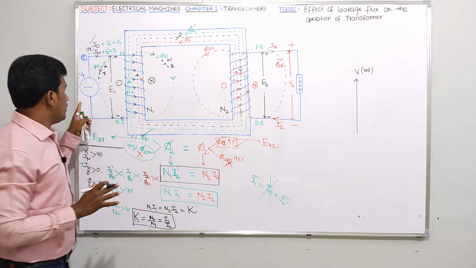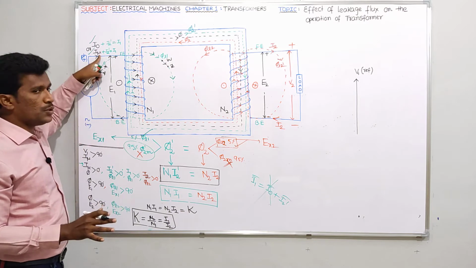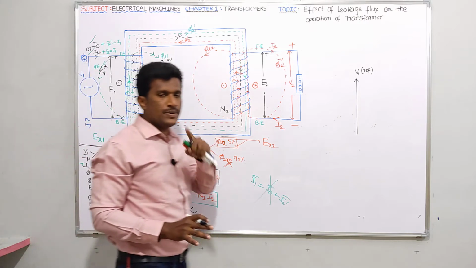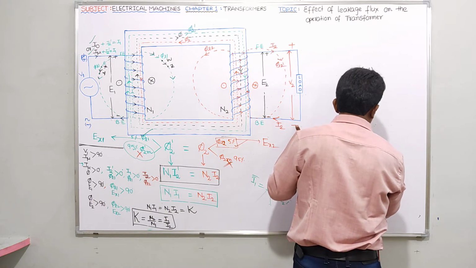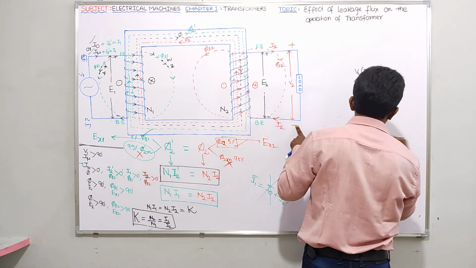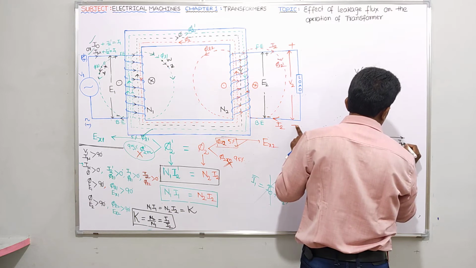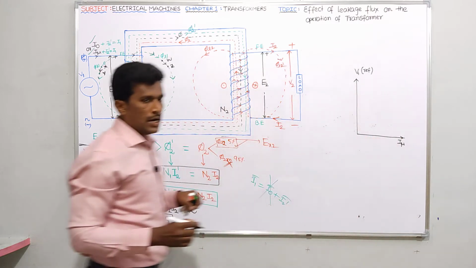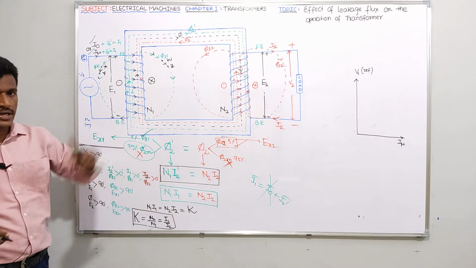Tell me, whenever V1 voltage is connected, immediately after how many degrees will IMU come into picture? After 90 degrees. This was already explained in the vector diagram. So IMU lags V1 by 90 degrees. The angle between V1 and IMU is 90 degrees, that I completed.